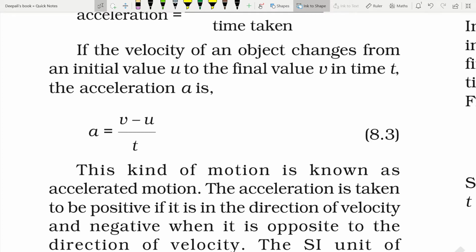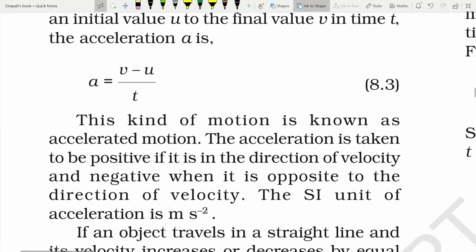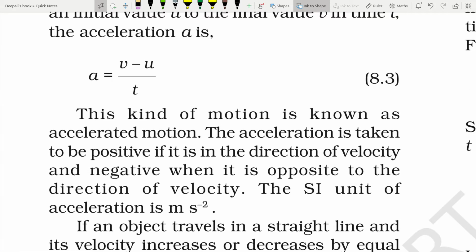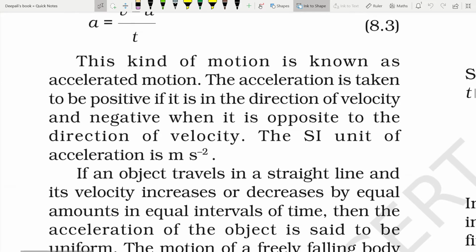This kind of motion is known as accelerated motion. The acceleration is taken to be positive if it is in the direction of velocity and negative if it is in the opposite direction to the direction of velocity. The SI unit of acceleration is meter per second square.